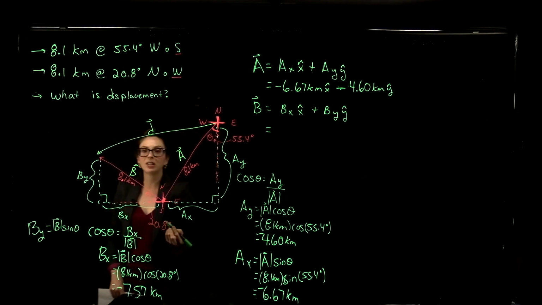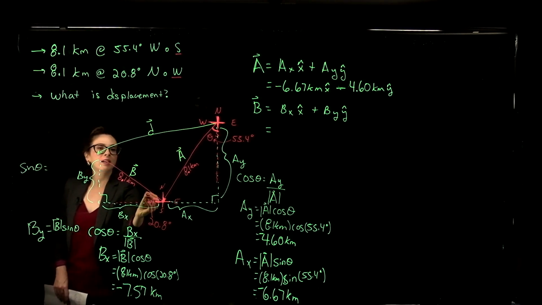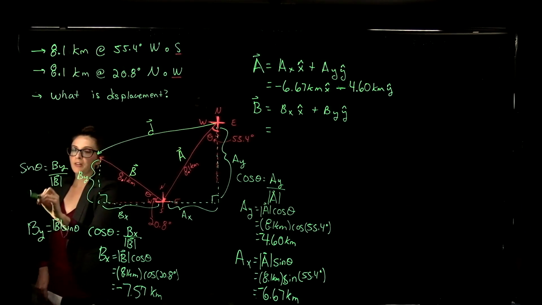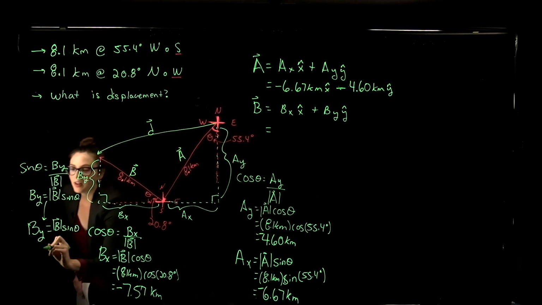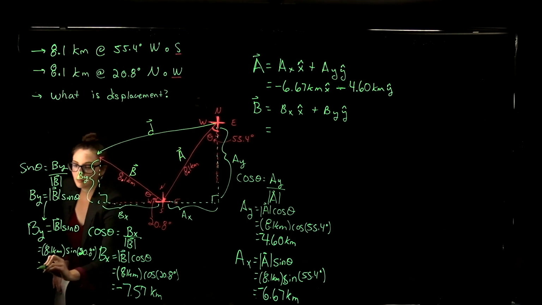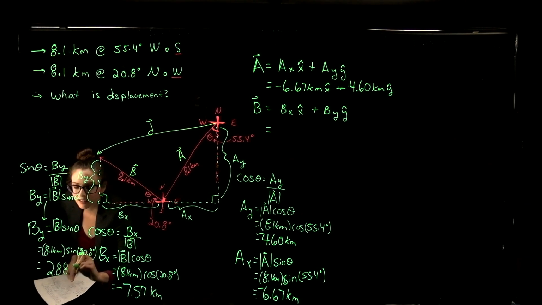And you can always prove that to yourself. We go back up here to this angle. We see that the sine of theta is equal to opposite, which is our by side, over the hypotenuse, which is the magnitude of b. So then if you solve that, by is equal to the magnitude of b sine theta. That's what we just got right here. Okay? And so if I plug in 8.1 kilometers times sine of, this time our angle is 20.8 degrees, then by is 2.88 kilometers.